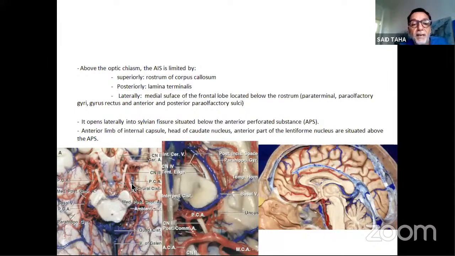It opens laterally in the sylvian fissure, situated below the anterior perforated space, and the anterior limb of the internal capsule, the head of the caudate nucleus, and anterior parts of the lentiform nucleus are situated above the anterior perforated space.